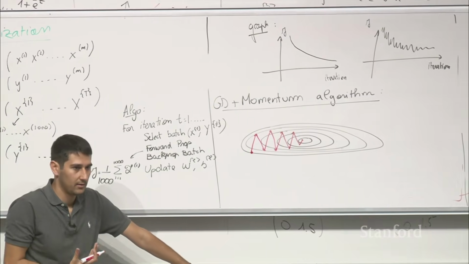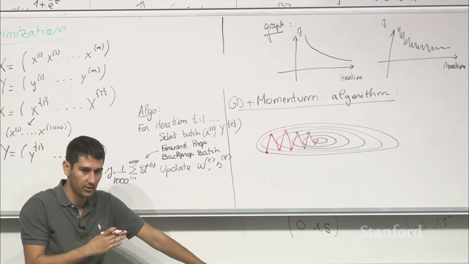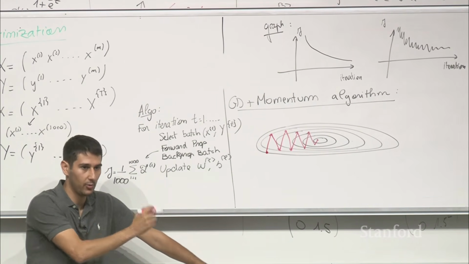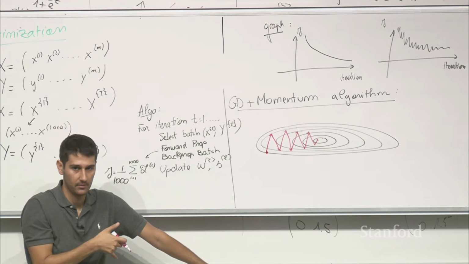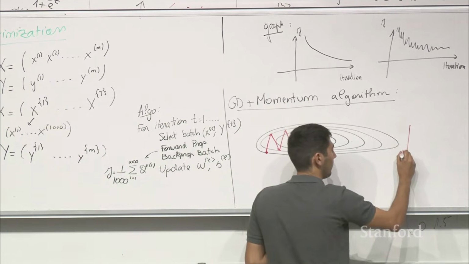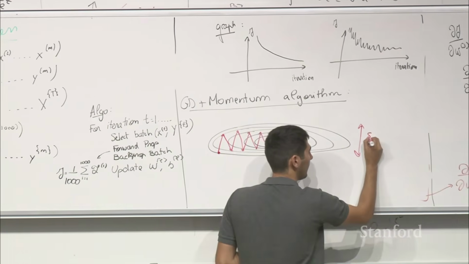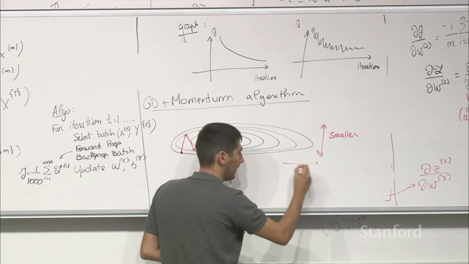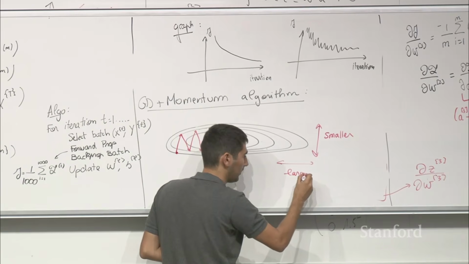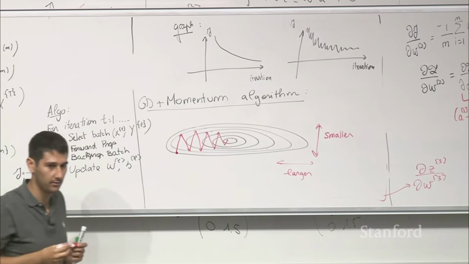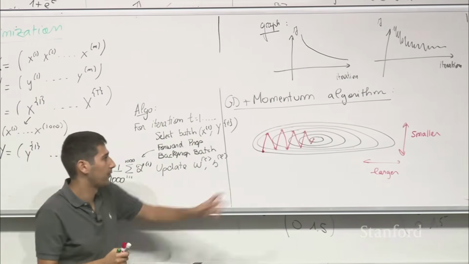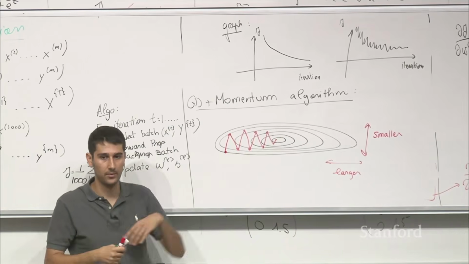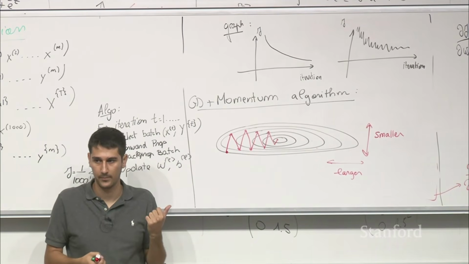So what you would like is to move faster on the horizontal line and slower on the vertical side. So on this axis, you would like to move with smaller updates, and on this axis, you want to move with larger updates, correct? If this happened, we would probably end up in the minimum much quicker than we currently are.